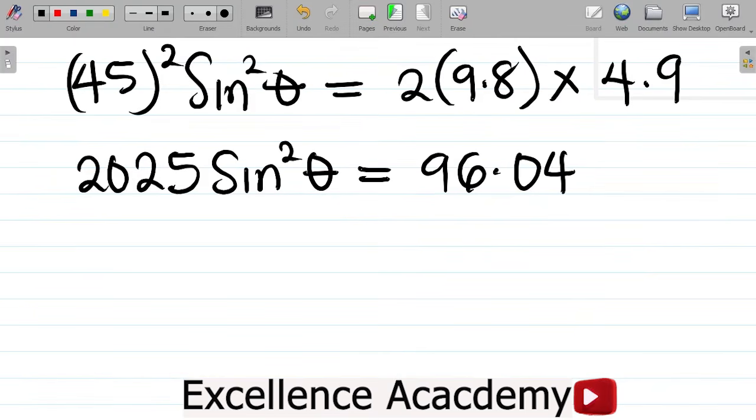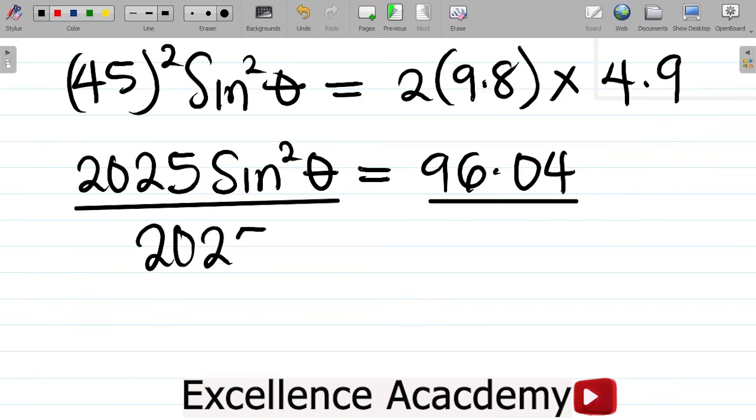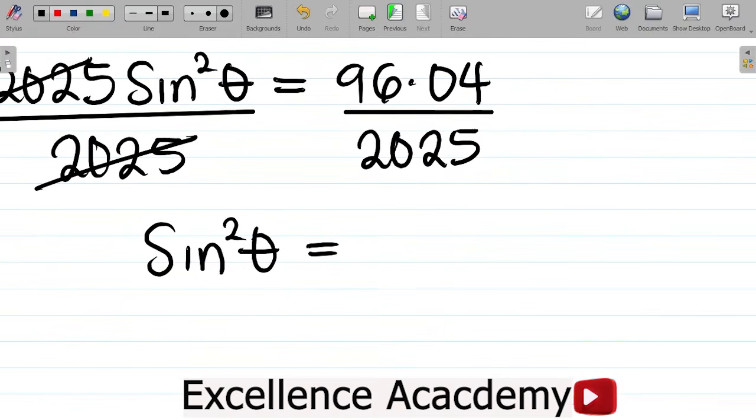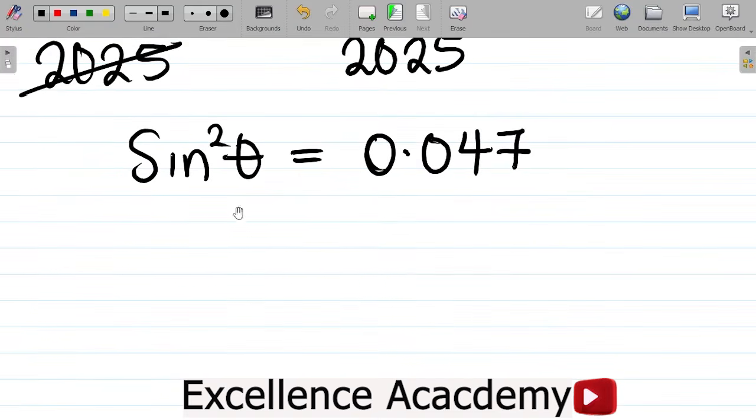To get the value of sine squared theta, I divide both sides by 2025, which cancels on this side. So sine squared of theta is equal to 96.04 divided by 2025, which is approximately 0.047.